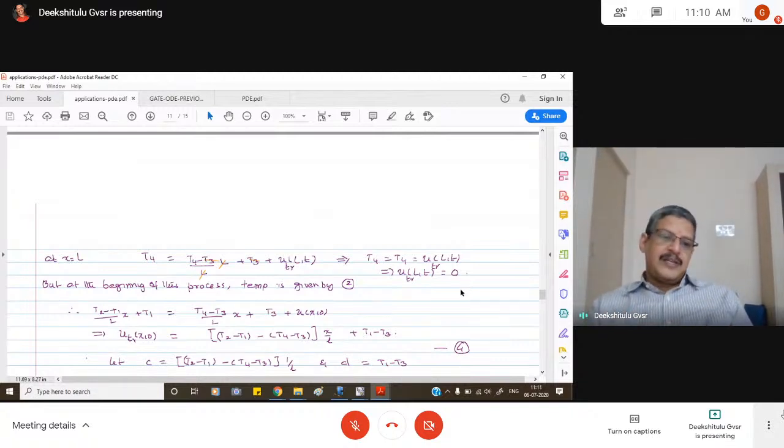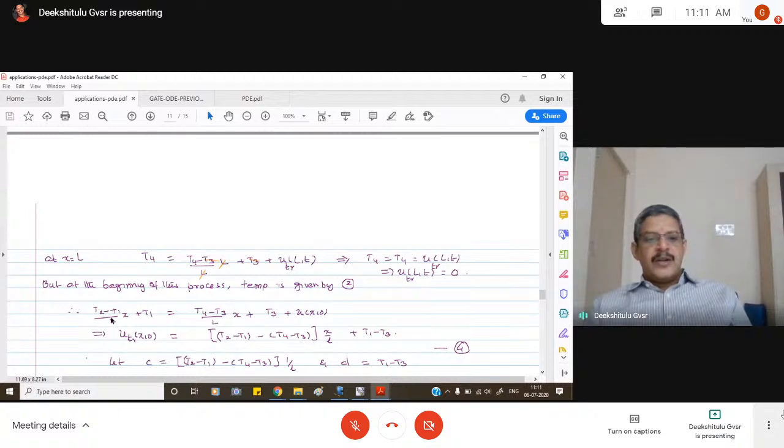Now, what is the initial condition? At the beginning of the process, the temperature is given by the previous stage steady state solution, (T2 minus T1) x by L plus T1. That is the temperature the body has already acquired throughout. It is equal to the steady state at this stage, (T4 minus T3) by L into x plus T3, plus U_TR of x,0.